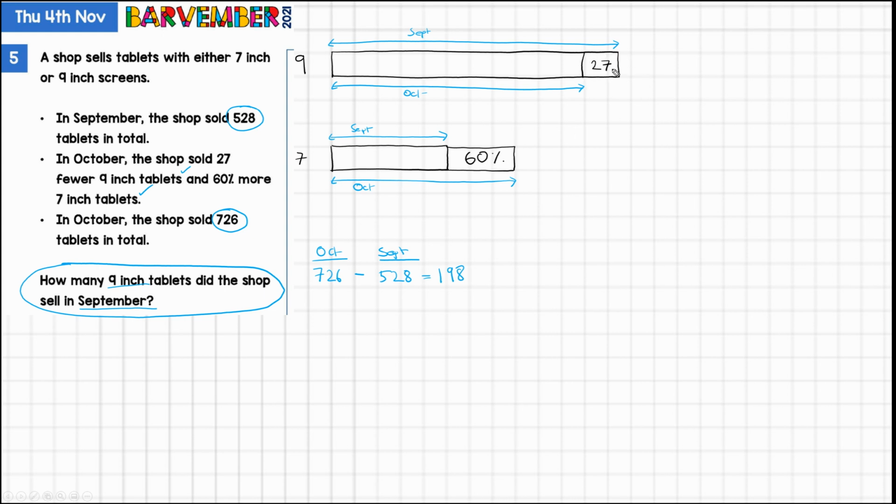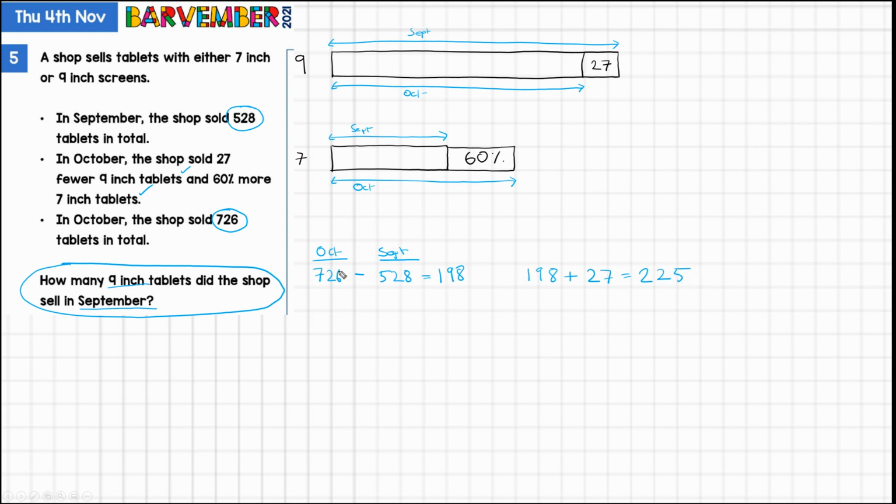But we do have this absolute value here, and let's say if we hadn't had this drop of sales of 27 in October, if that value had remained the same, then we could isolate the change. The difference would have been totally due to this change here, the 60% change. And the way that we can then isolate that is to add this 27 back in. So if we do 198 and we add the 27, then that is going to give us 225.